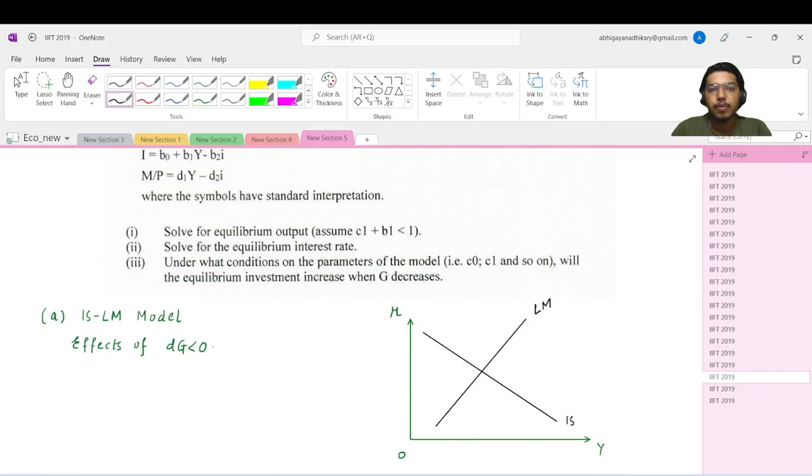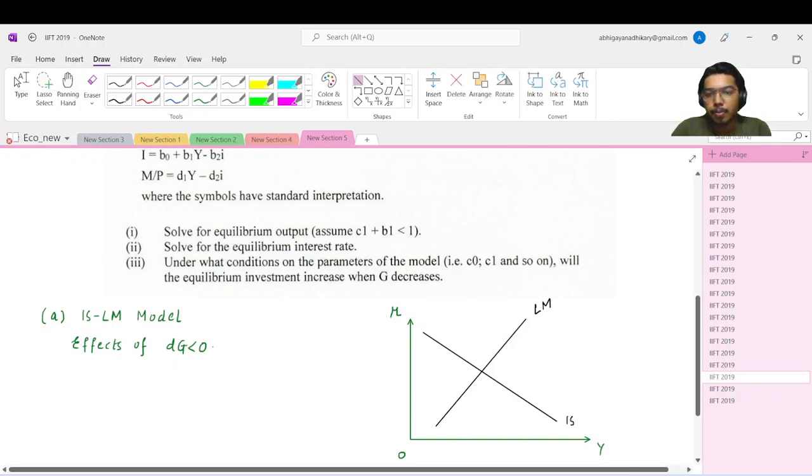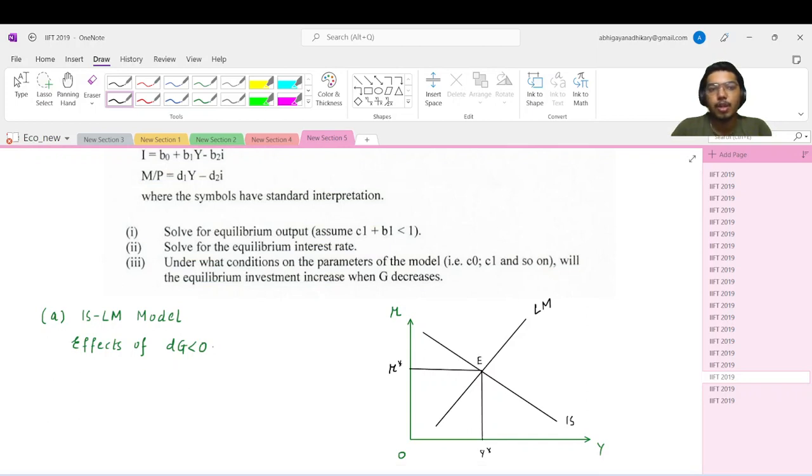The equilibrium point is right here. This is your optimal interest rate and this is the Y. This is the equilibrium. So now what happens?